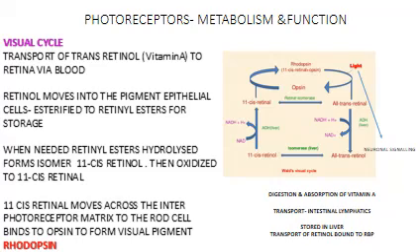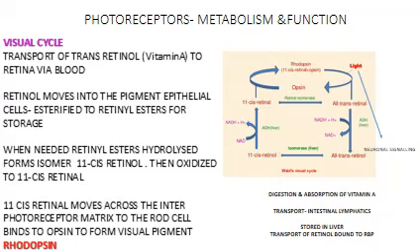In the presence of light, you all know that rhodopsin will break down to give you all-trans retinal and opsin. Now this all-trans retinal can be converted directly to 11-cis retinal with the help of the enzyme retinal isomerase, which can then bind to opsin to give back rhodopsin. But part of this all-trans retinal, what happens to that? It has to get stored.